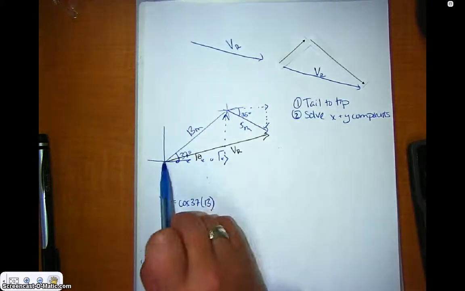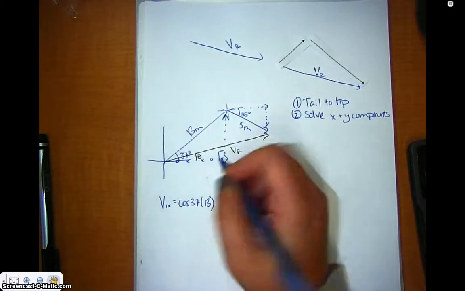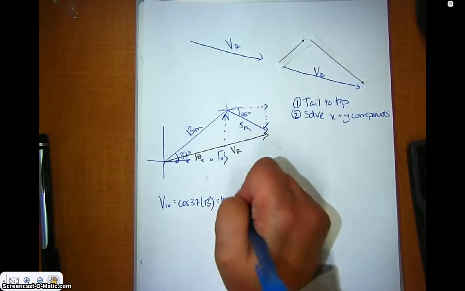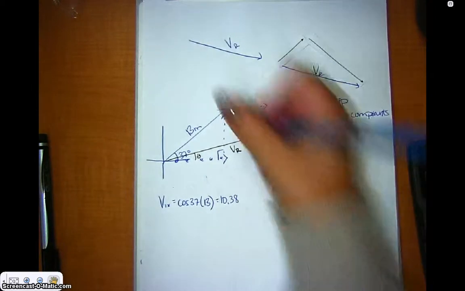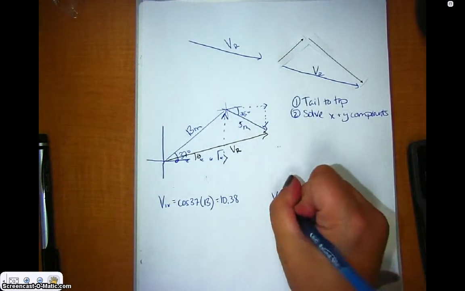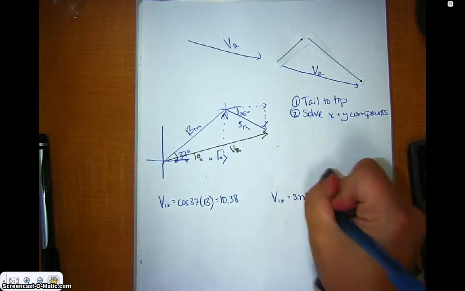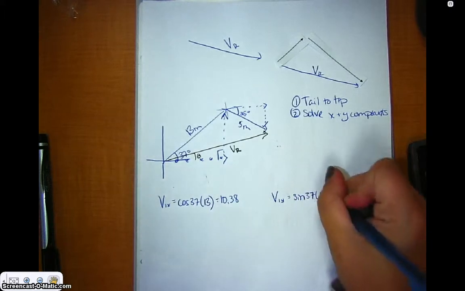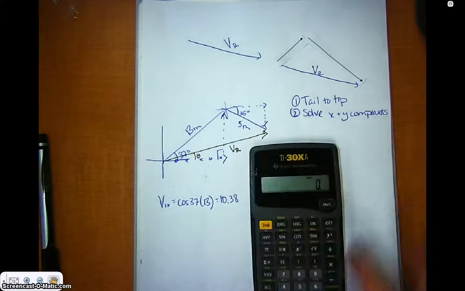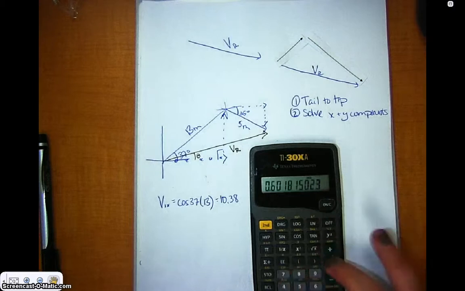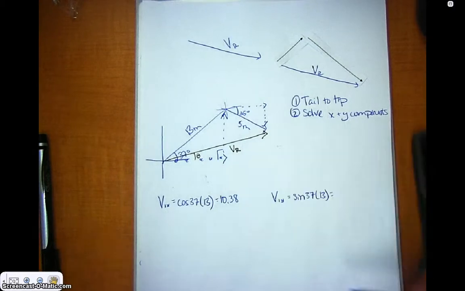And if I look, I can see it's to the right, so that's going to be a positive 10.38. And if I wanted to figure out the y, I would call it vector 1y and say that is the sine of 37 times 13. So sine of 37 times 13 gives 7.82.